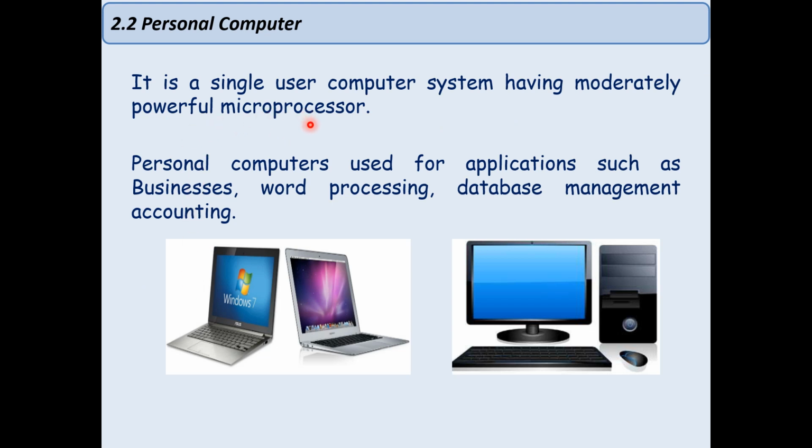That means only a single user can use that computer at any given time, and it is moderately powerful. Nowadays personal computers are good when it comes to performance, and they are used to run applications like business applications, word processing, database management systems, creating presentations, calculating data, or gaming, or any other applications which can be used on personal computers. So they are widely used computers.